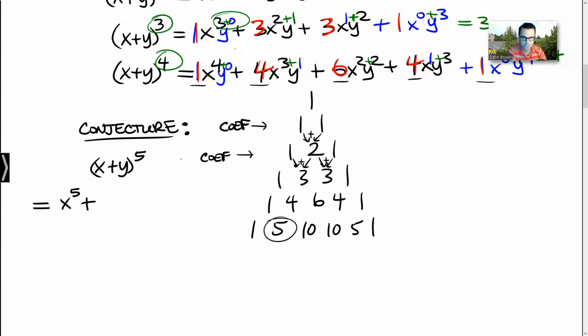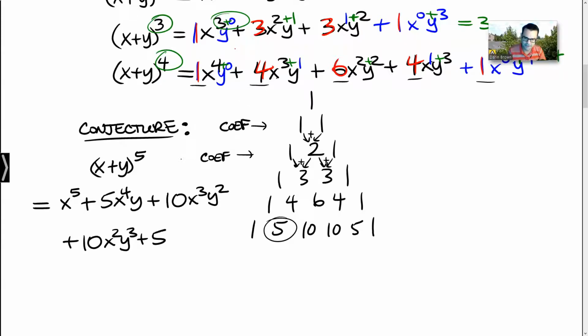So now the coefficients are 1, 5, 10, 10, 5, 1. So it'd be 5 x to the 4th y plus 10 x cubed y squared. So decrease x, increase y, still add up to 5, plus 10 x squared y cubed plus 5 xy to the 4th plus y to the 5th. Okay, it should be all of that.